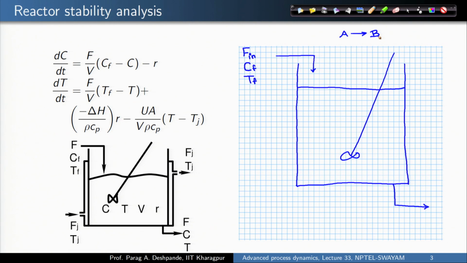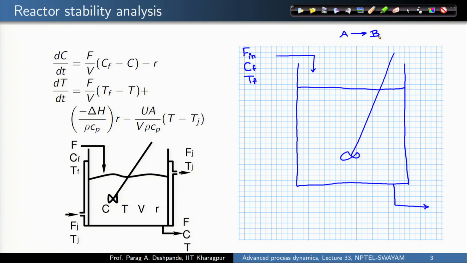Okay, we have assumed that the reaction is irreversible, and we are tracing only the concentration of A. If you know the temporal profile of concentration of A, then you would automatically know the temporal variation of B using this simple reaction equation.